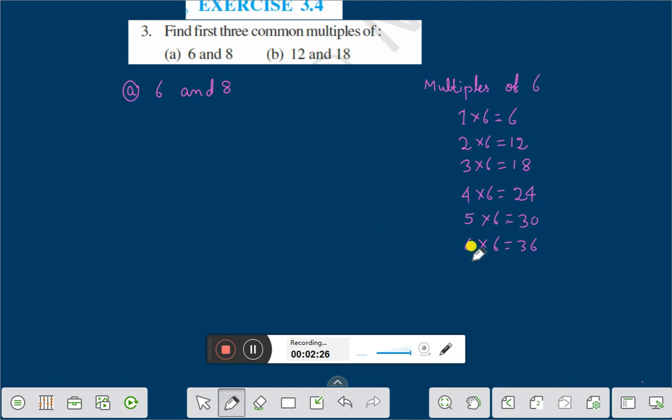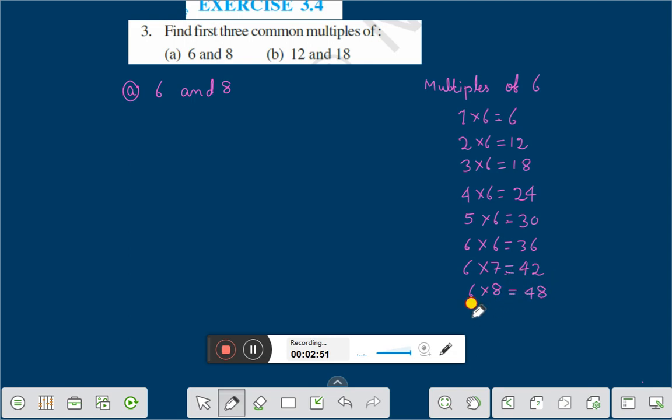and 6 into 7 is equal to 42. Then 6 into 8, 6 8 is 48.